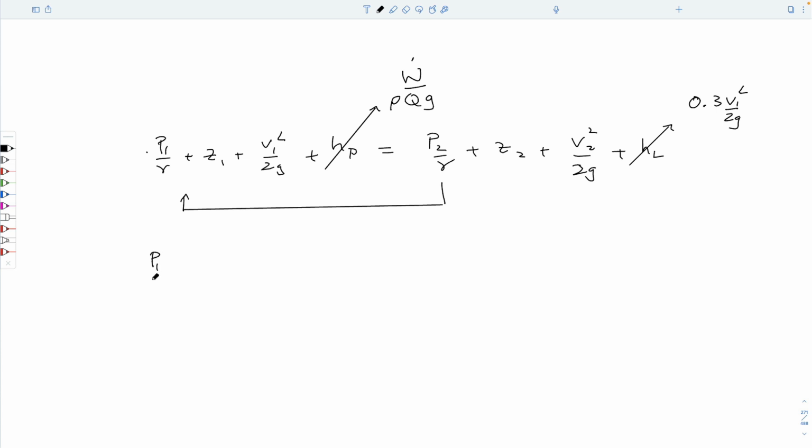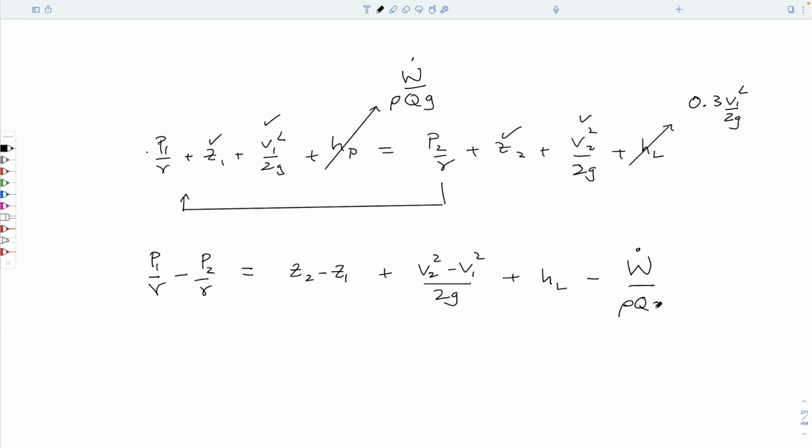So I'd end up with P1 over unit weight minus P2 over unit weight is equal to Z2 minus Z1 plus V2 squared minus V1 squared over 2G plus HL minus W dot rho QG.